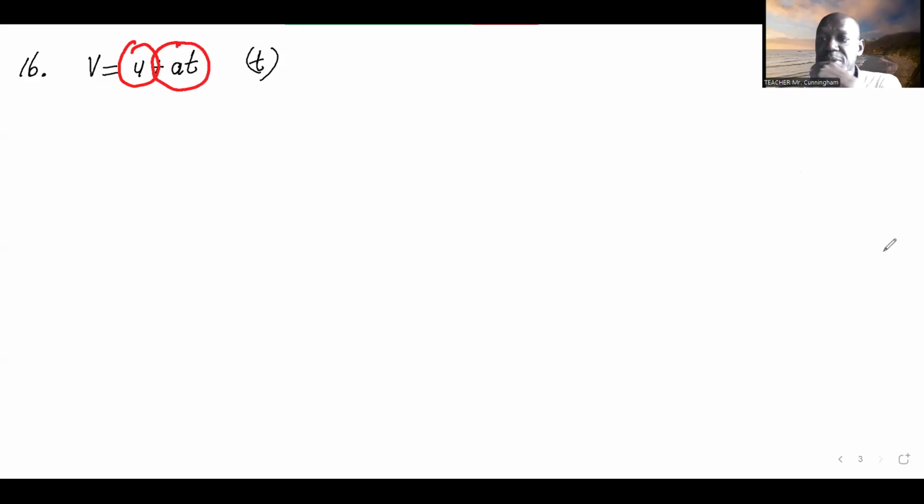You have to get rid of the first one. You have to get rid of this U, and then you get rid of the A, and then you would have solved for T. But the question is, people, how are we going to get rid of the U? You have V equals U plus AT.